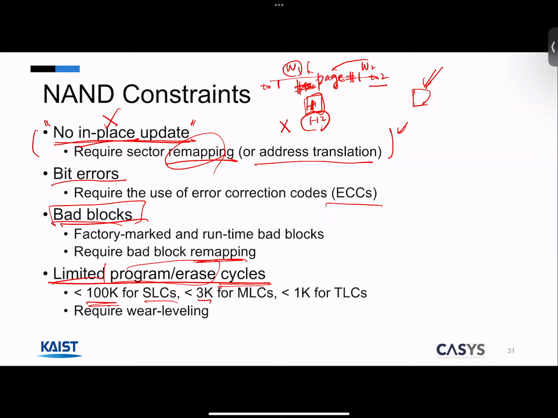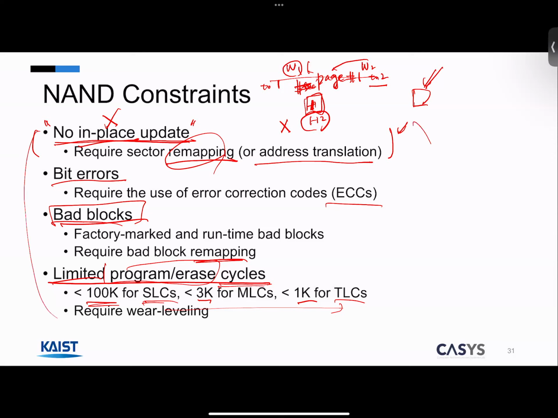MLC is much less, and TLC is much less than MLC, because there are multiple bits per cell. Again, using more bits gives less reliability, which reflects the limited number of program and erase cycles.